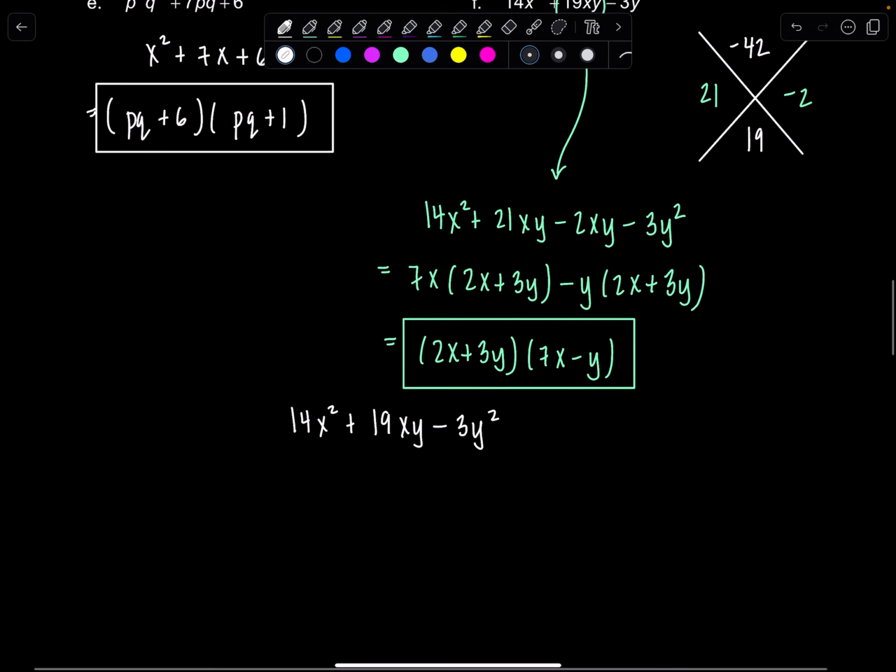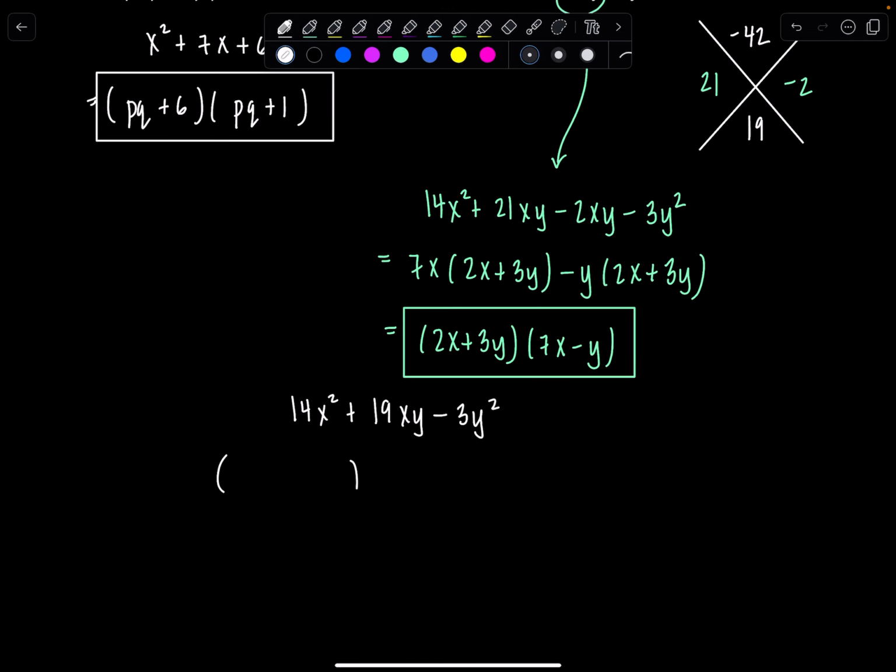If you were going to do guess and check, first you focus on that 14x squared and you go, I'm not going to try 14x and x. That's too extreme. I'm going to try 7x and 2x. And then 3y squared, that has to be 3y and y. So it's just a matter of, is it 3y and y or the other way around? Well, we know it's the other way around. If you thought this one through, this is 7 and 6.